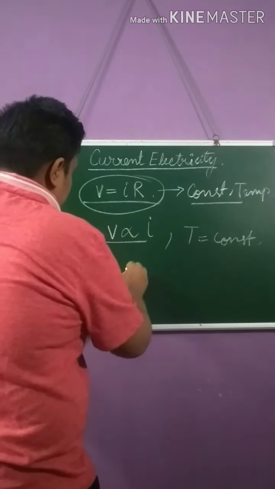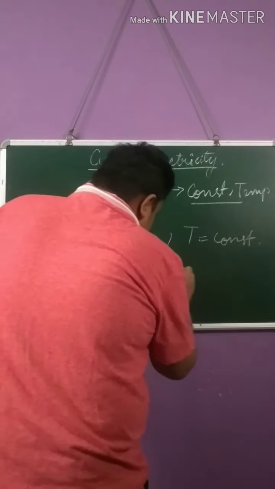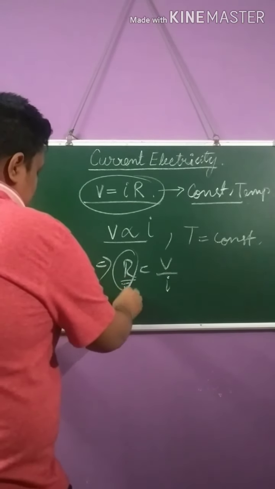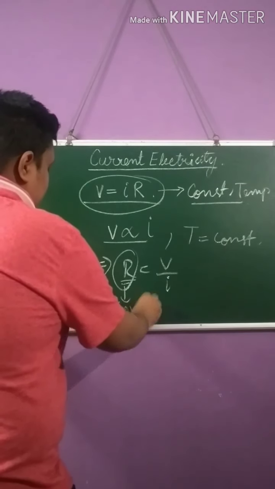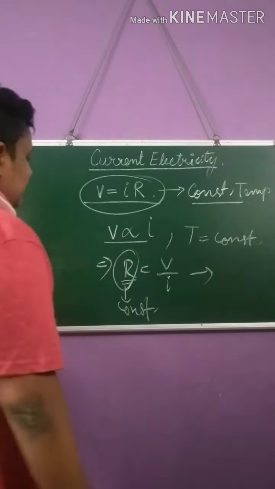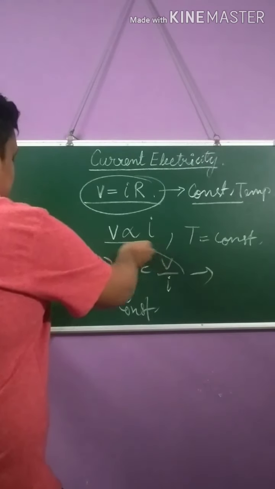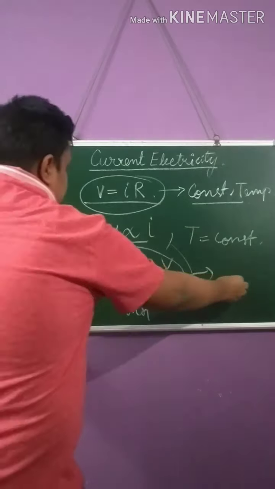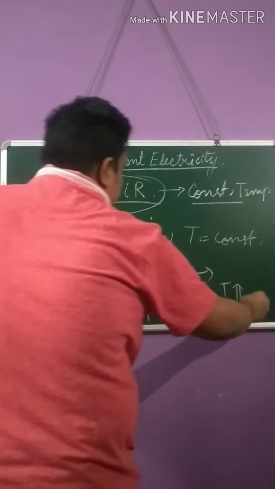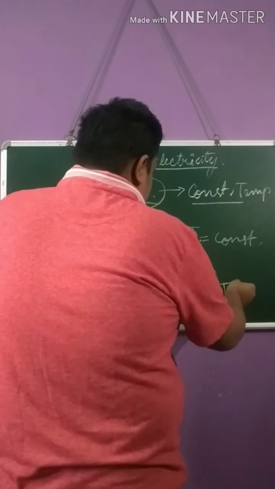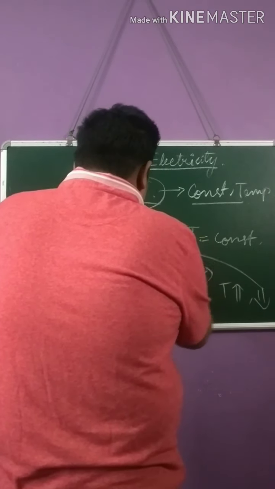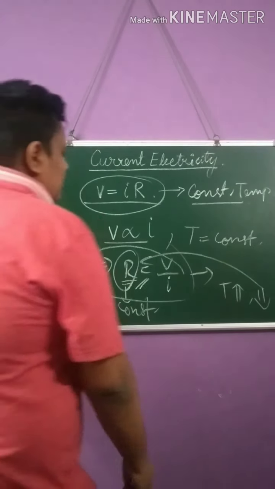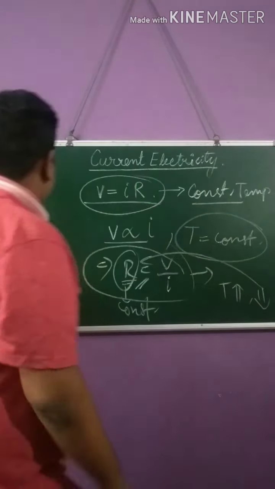Because from here we write R equal to V by I, and R is constant according to the law. But this is valid only when the temperature or the conditions of the conductor are the same. When you increase or decrease the temperature, the resistance is affected. It does not remain constant.